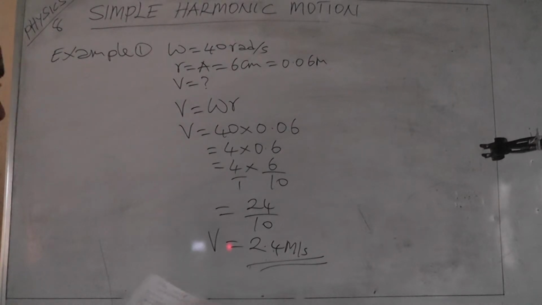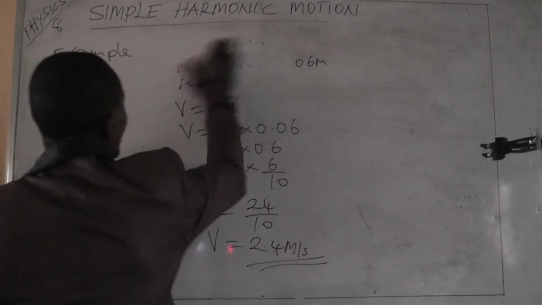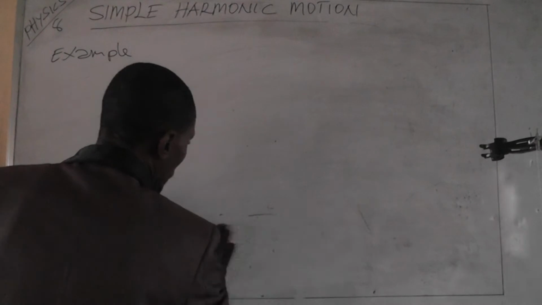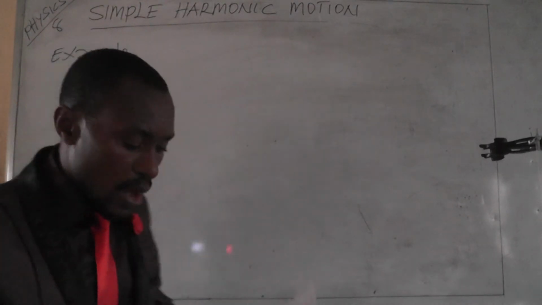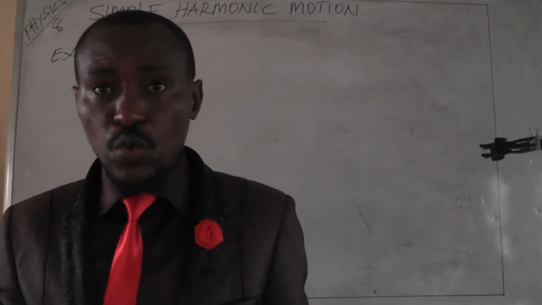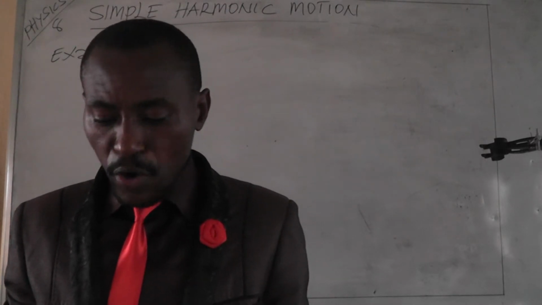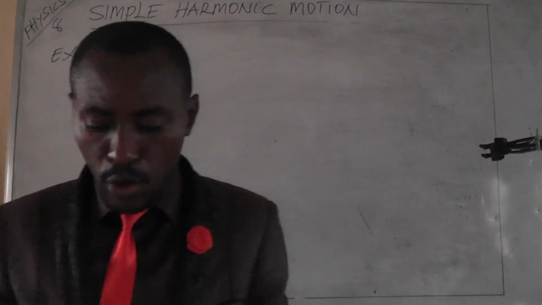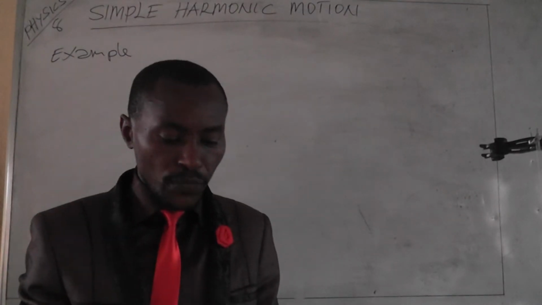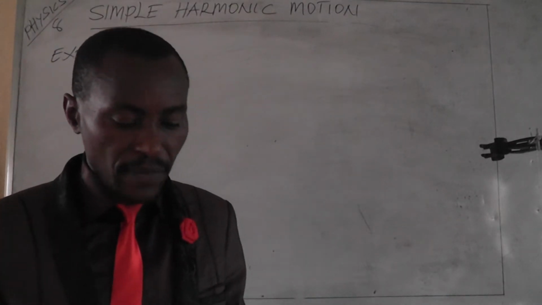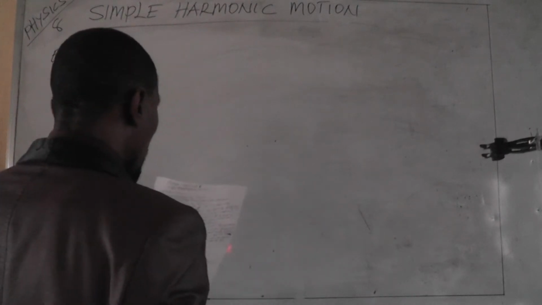But let's go to example 2. Now, in example 2, we have this question. A simple pendulum, 0.6 meter long, has a period of 1.5 seconds.